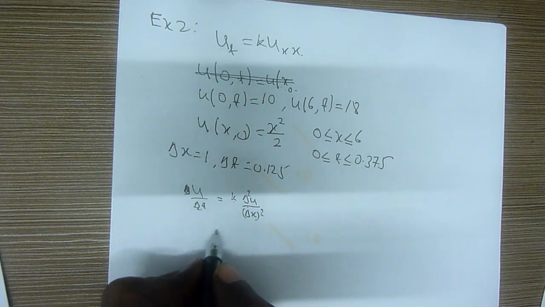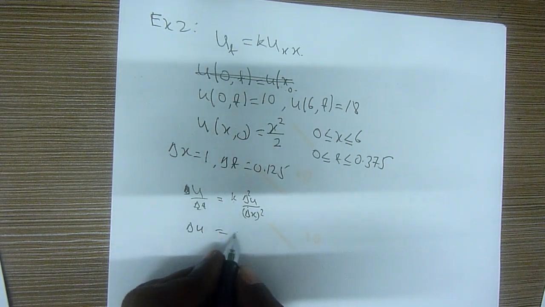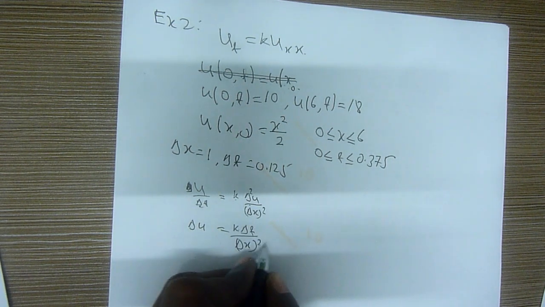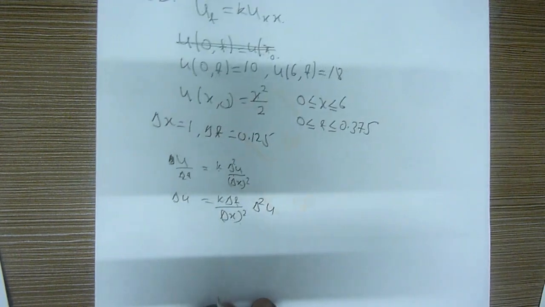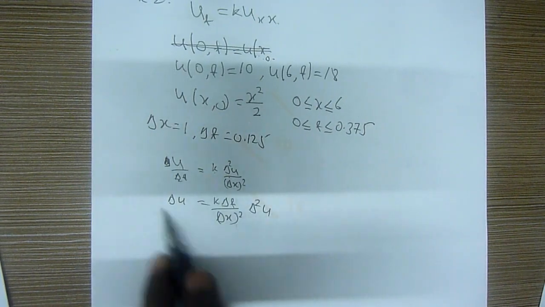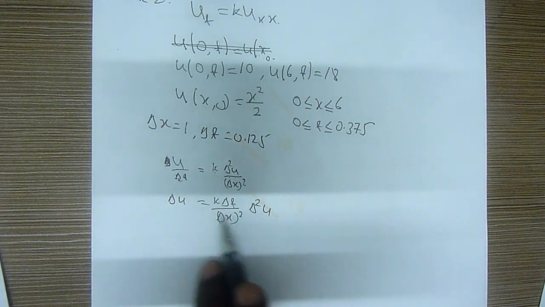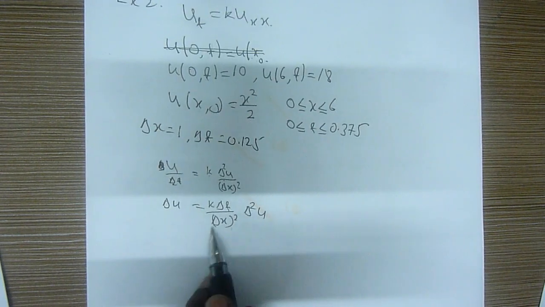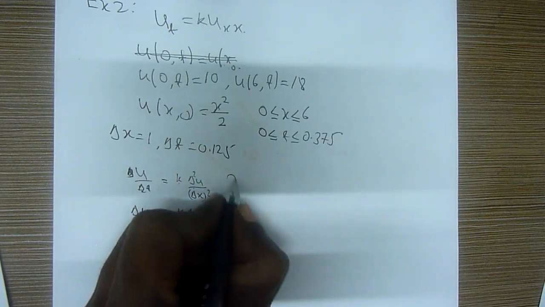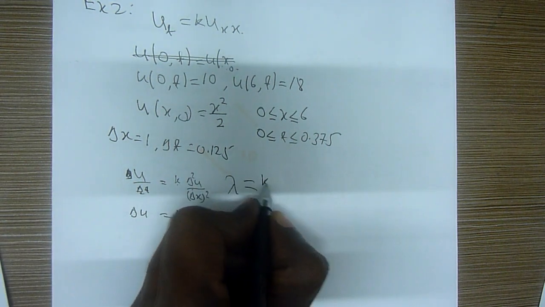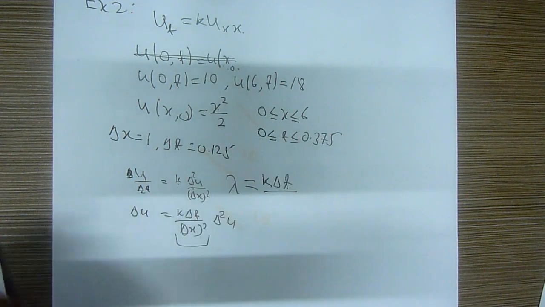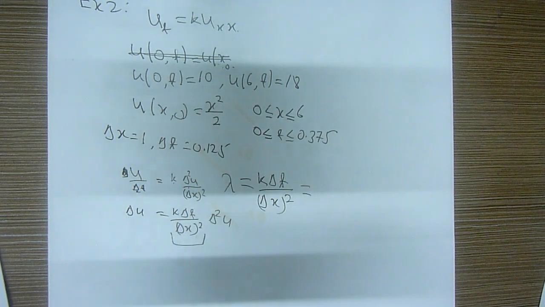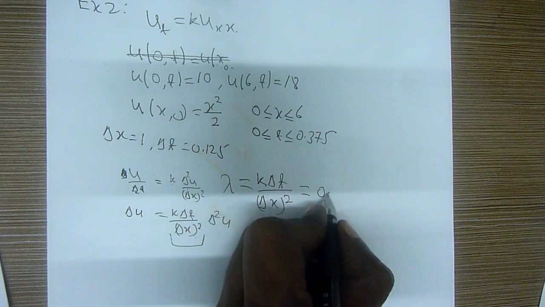Now you bring it over, del u can be k del t divided by del x squared. This makes sense to you, right? My interest is this lambda, how to create lambda. Therefore lambda is k del t over del x squared. This will give us 0.25.